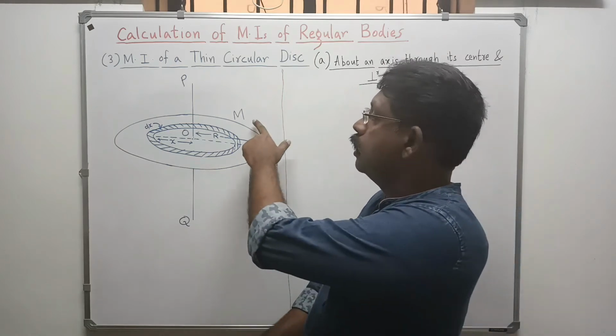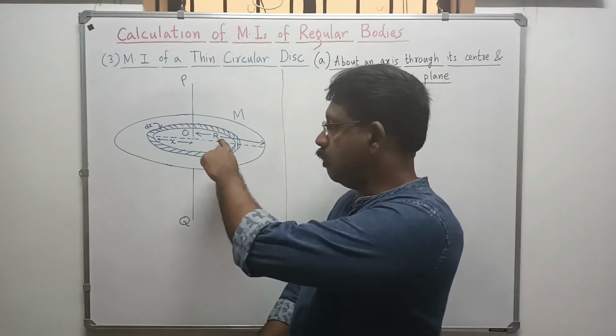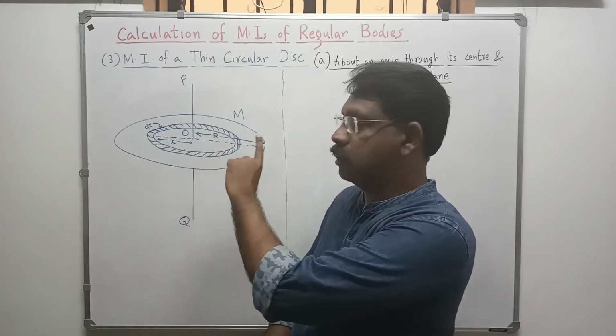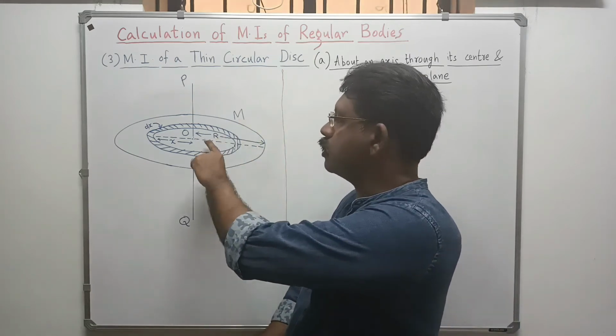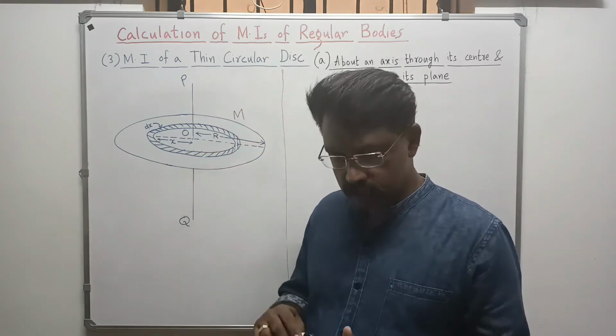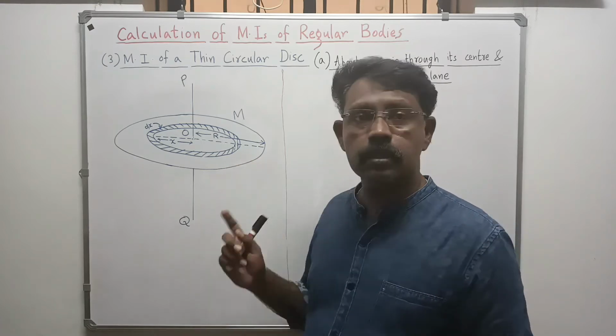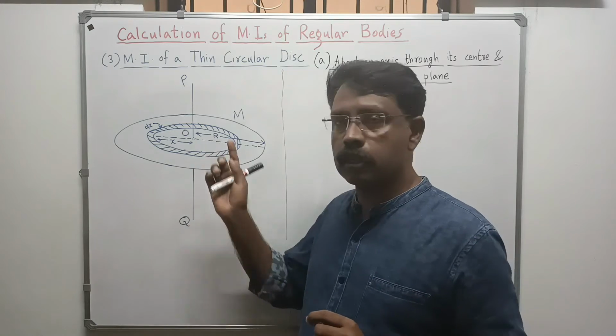So the first step is always to find out the mass per unit area of the disk. I have taken the mass of the disk as capital M, and the radius of the disk as capital R. So what is mass per unit area of the disk? Area of the disk, as we know, is pi r squared, because r is the radius.